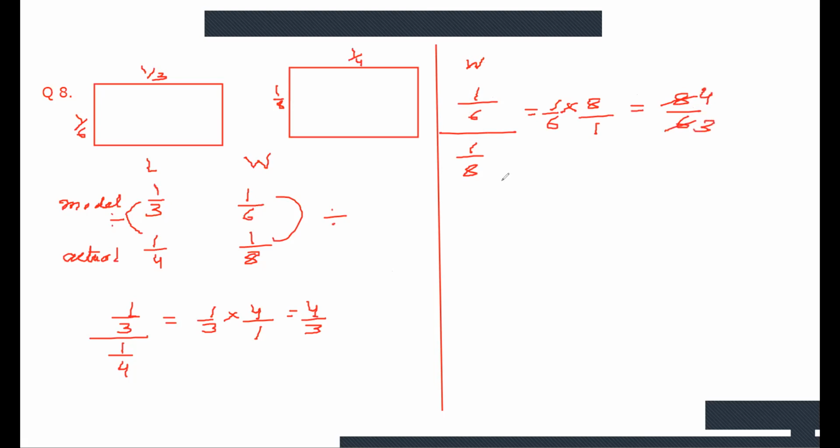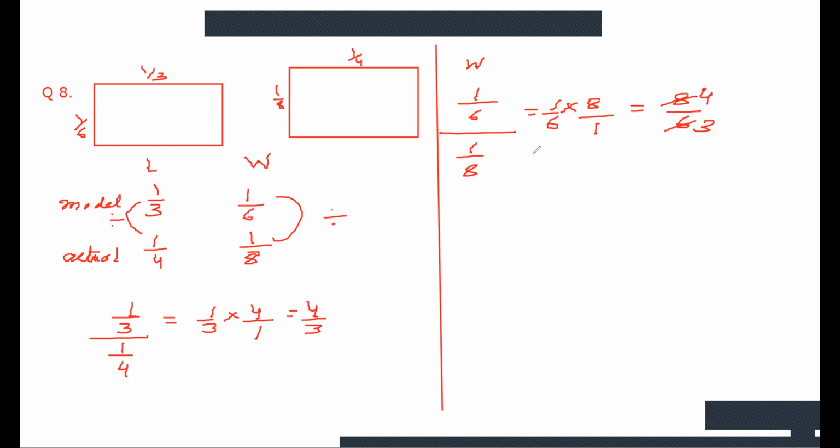Now tell me, are they proportional, girls? The question is, what is the constant of proportionality that relates the length of the paver in the model and the length of an actual paver? If I see the proportionality, I need to divide.